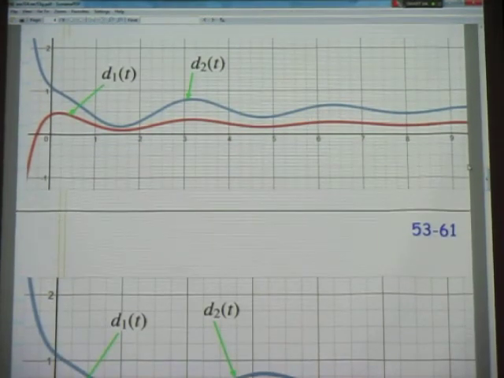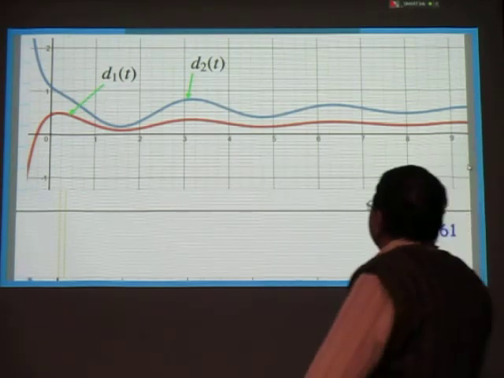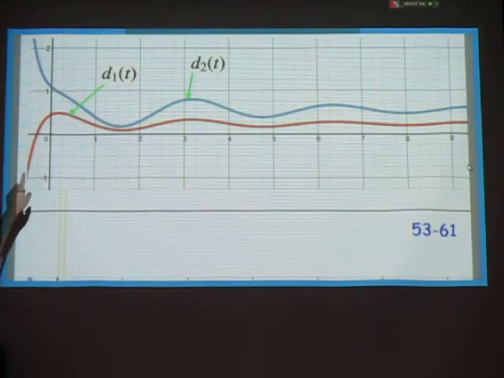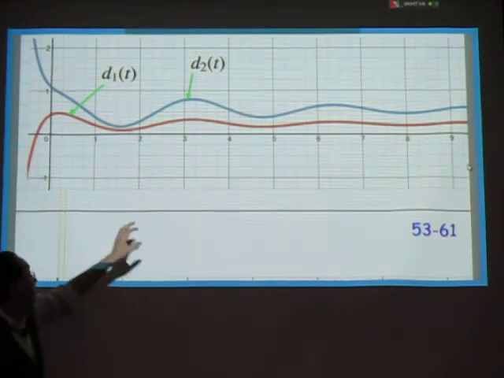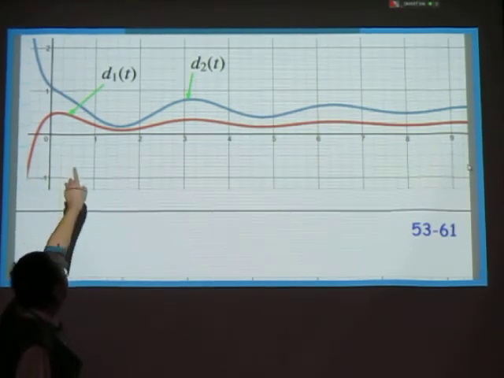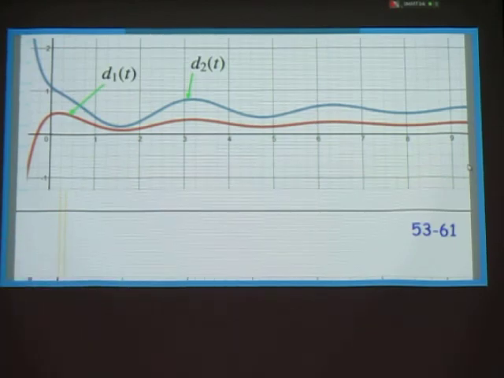D1 is the displacement for mass M1 in red, and D2 is the displacement for mass M2 in blue. Yeah, thank you, Casey.